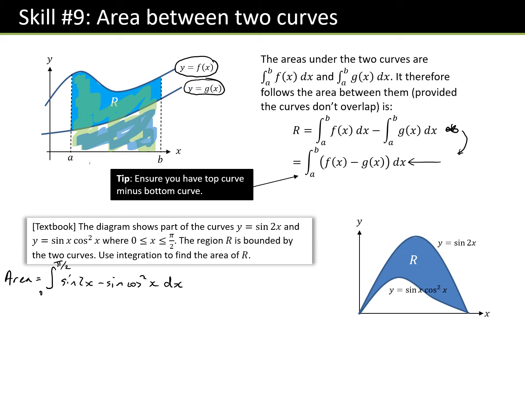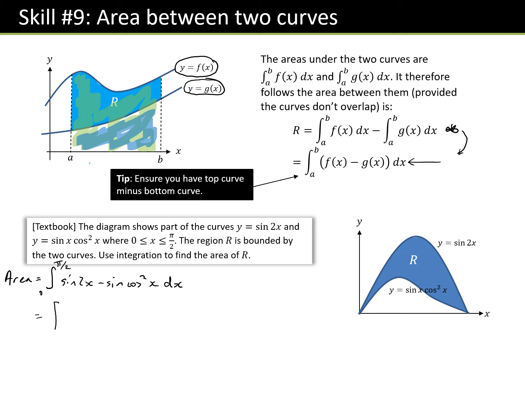Now, this integration doesn't look very nice, okay? Remember, there's many ways of integrating that you now know. So, if you were to look at these individually, sin 2x, well, it's a double angle formula, isn't it? You could use the double angle formula. However, you could just integrate it straight away, couldn't you, using reverse chain rule?